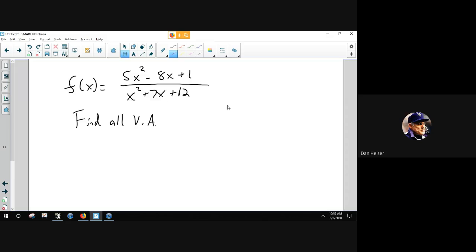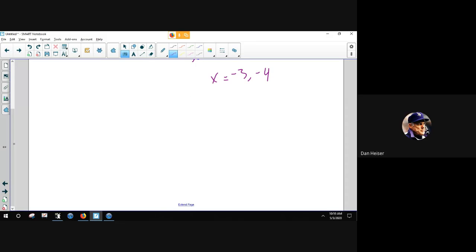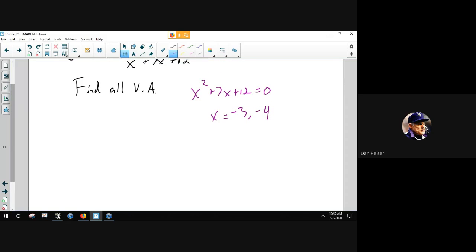So, let's find all the values that make the denominator 0. And since I know everybody can factor and solve quadratics at this point, you don't need me to go through the steps for that. We have -3, -4. That is not how we write vertical asymptotes, though. We need to write those as separate lines.